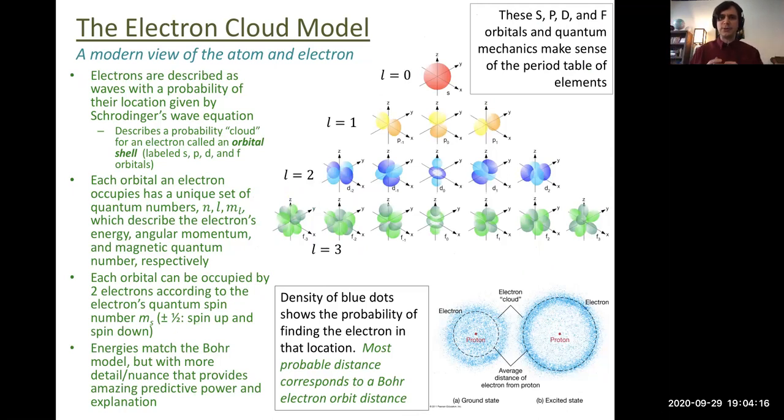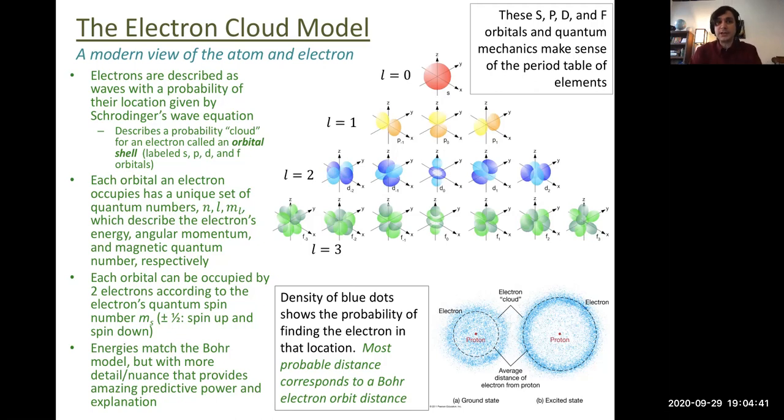If you're curious about what the modern view of the atom is, the so-called electron cloud model or the quantum mechanical model, then keep listening. It's a little bit of a wild ride. So, electrons, just like photons, just like everything in the quantum mechanical world, are waves. They're also particles. The weird part is that electrons are particles with mass, while photons are particles without mass.